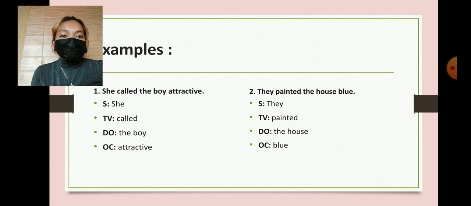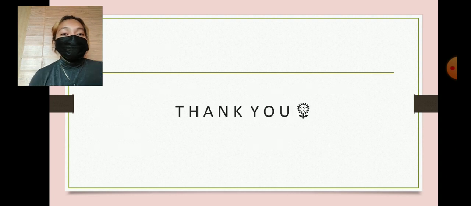As you can see, the boy is being described as attractive. Example 2: they painted the house blue. The subject is they, the transitive verb is painted, the direct object is the house, and the object complement is blue. The house is blue.